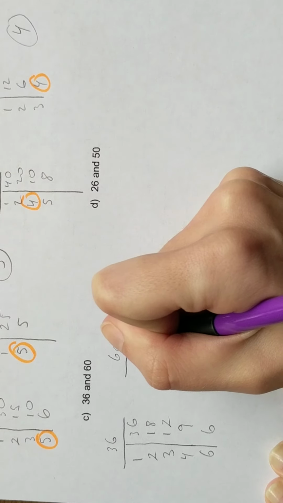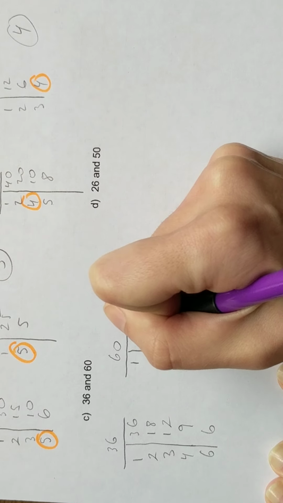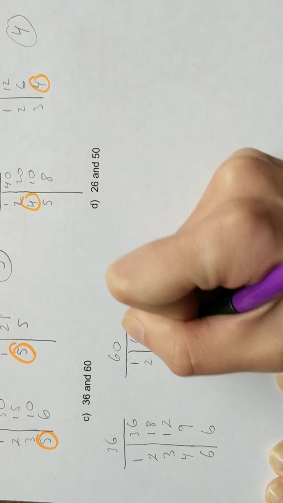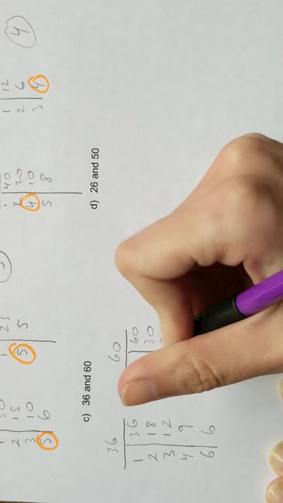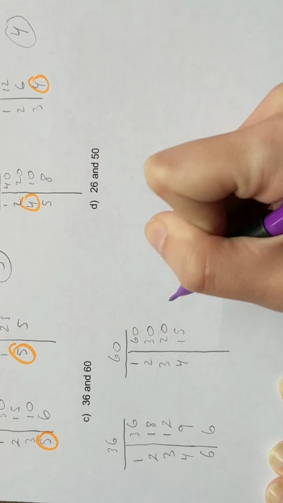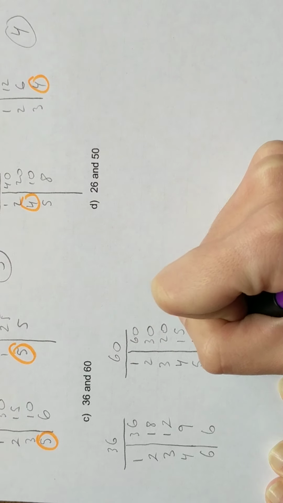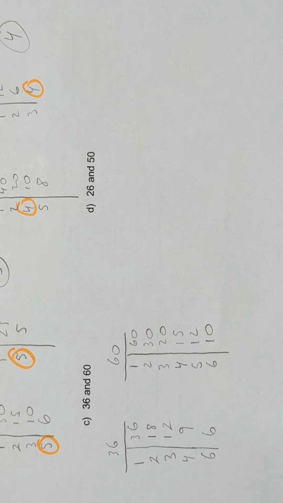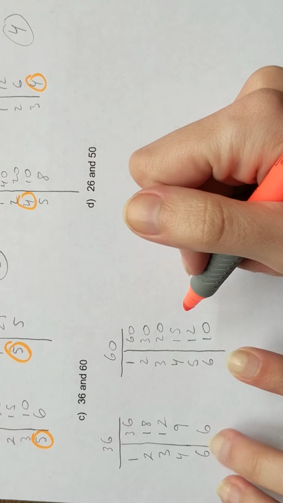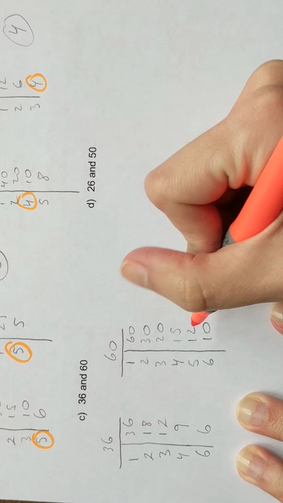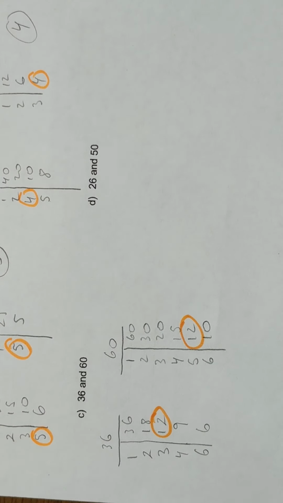Let's do 60. 1 times 60, 2 times 30, 3 times 20, 4 times 15, 5 times 12, 6 times 10, 7, 8, 9 don't go in, and so we're done here. I now need to look at the largest possible number, and in this case the largest number in both tables is going to be 12. So 12 is my greatest common factor.